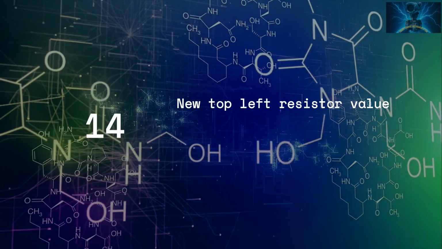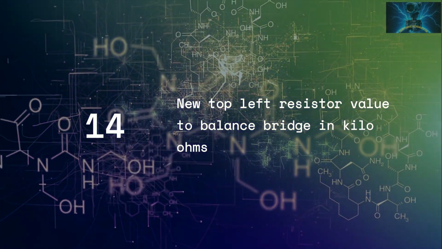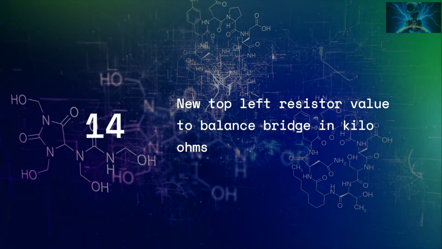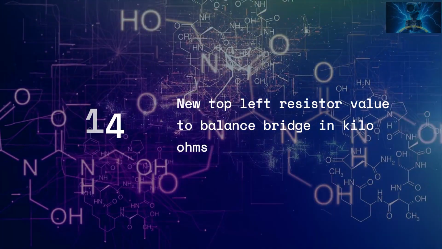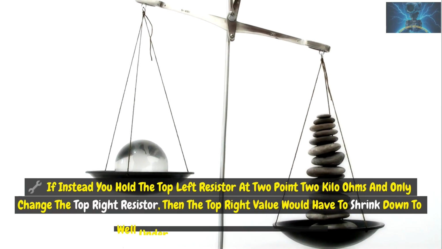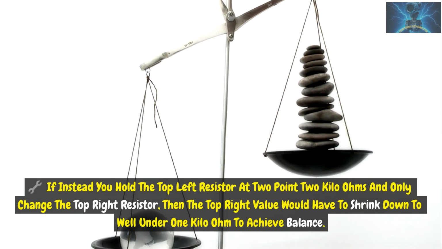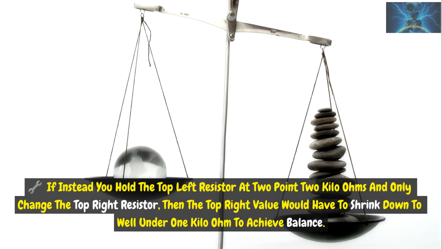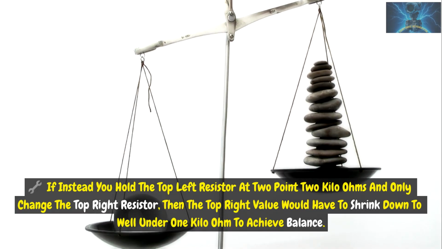When you plug in the numbers from the example and solve, you find that the top left resistor would need to be around 14 kilo ohms, much larger than the original 2.2 kilo ohm value, in order to balance the bridge. If instead you hold the top left resistor at 2.2 kilo ohms and only change the top right resistor, then the top right value would have to shrink down to well under 1 kilo ohm to achieve balance.